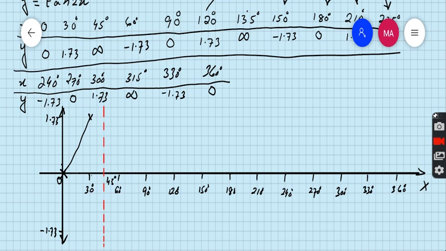Now at 60 the value is minus 1.73. At 90 the value is 0. At 120 the value is 1.73. At 135 the value is undefined. Again we have to draw another asymptote.